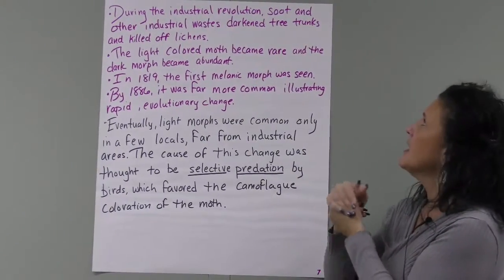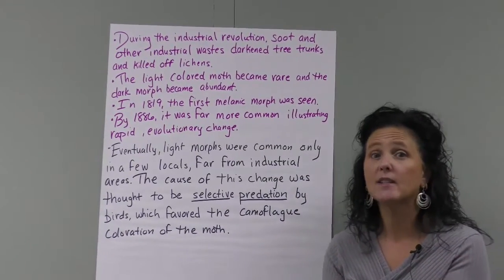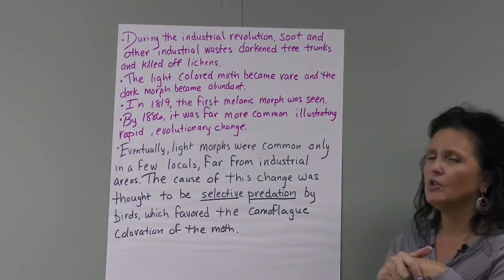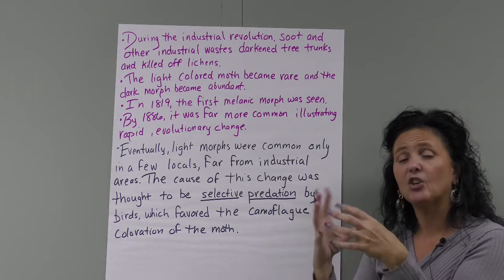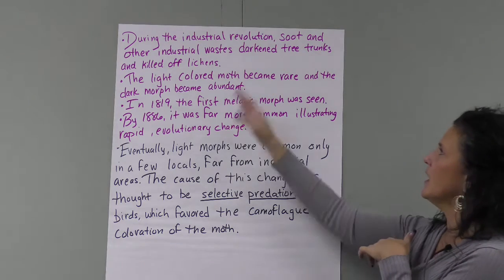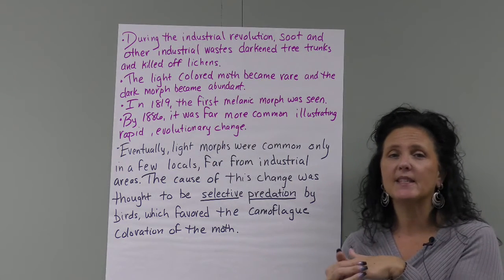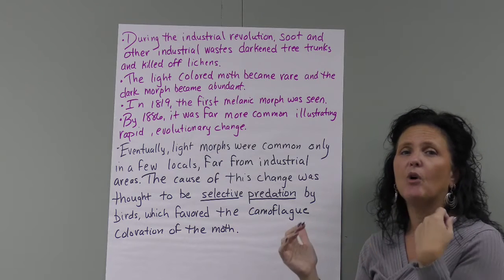So these moths occurred on these trees to avoid predation. The birds couldn't see them to come pick them off, right? But during the Industrial Revolution, we had a lot of soot produced and other industrial waste that accumulated on the tree trunks, and it darkened the color of the tree trunks right here. So those light-colored moths became more rare, because now if you're a light colored moth against a dark tree trunk, the bird can see you, pick you off, and eat you.